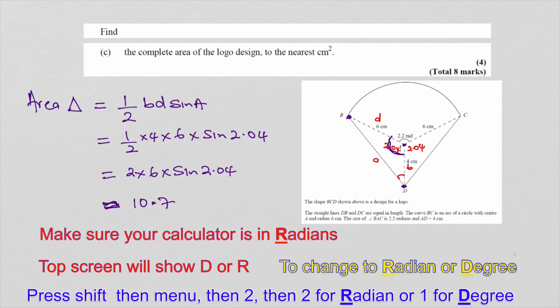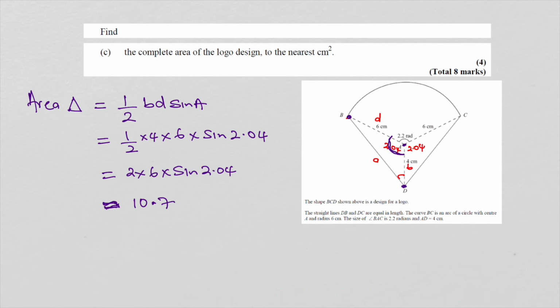And because we've got 2 of them, the total area of the triangles is roughly 10.7 times 2, and that would be 21.4.